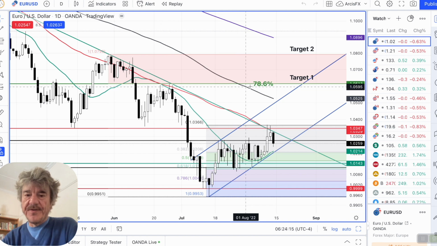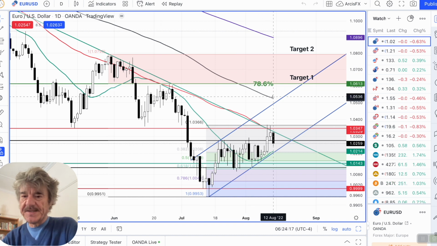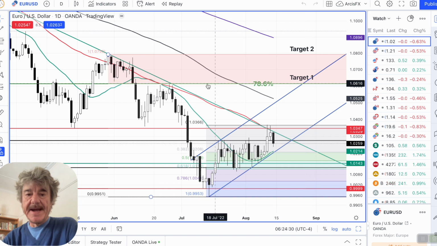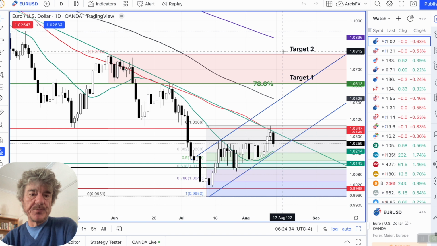So that area there, the 78.6, is always my favorite Fibonacci level. And if we do get up there, well, that would be great. That would be a very good confluence of the 786, the top of the channel, and this previous resistance at 106.